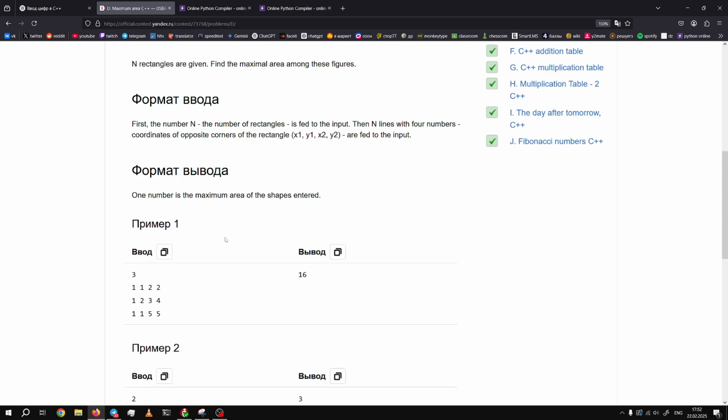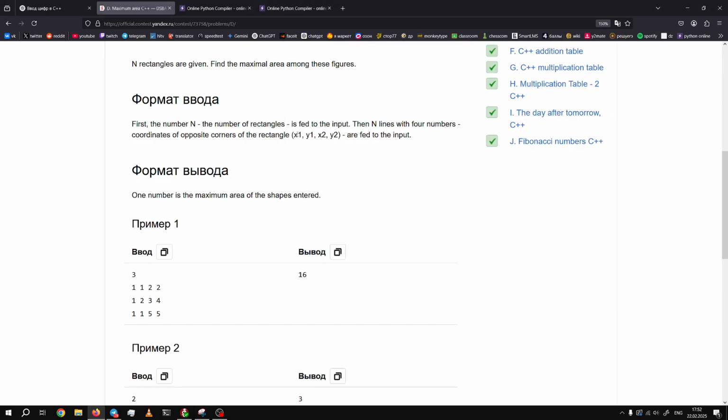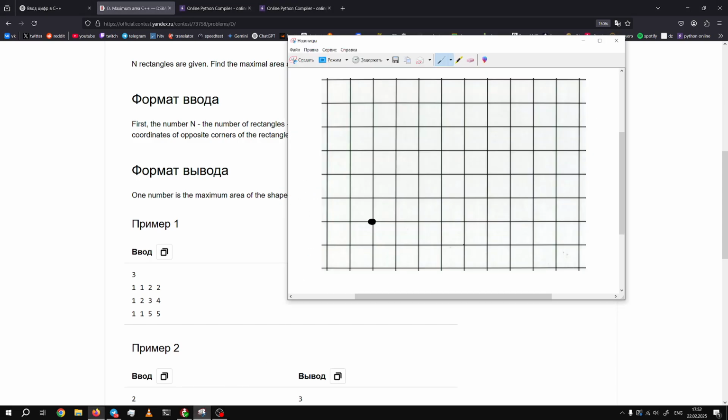So it consists of 2 dots. For example, 1 1 is the first coordinates of the first rectangular. For example, we start from this point, and we have x and y of the first point.